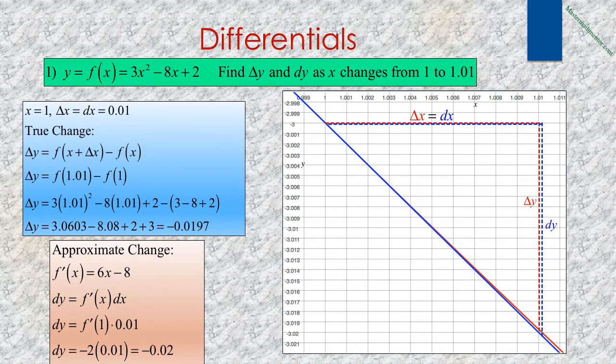Notice how good an approximation dy is of delta y. The values are very, very close, and it was far easier to calculate. We see our results on the graph. dy is the line in blue, which is just a little bit longer than delta y.